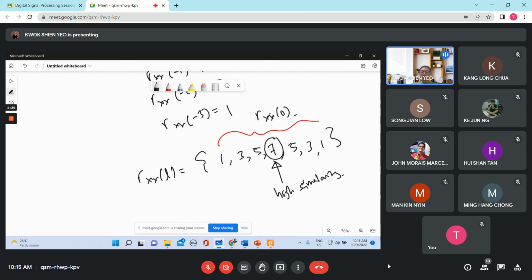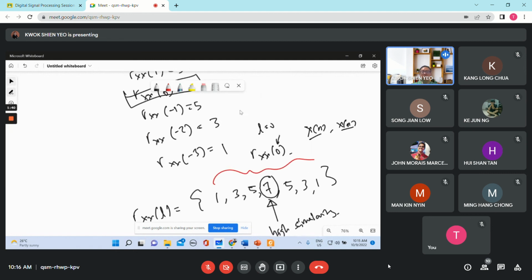This is when xn and xn, because we are doing correlation, so we are comparing xn to xn. They are very similar when they overlap. There is no time shift. The shift between x and x is 0.